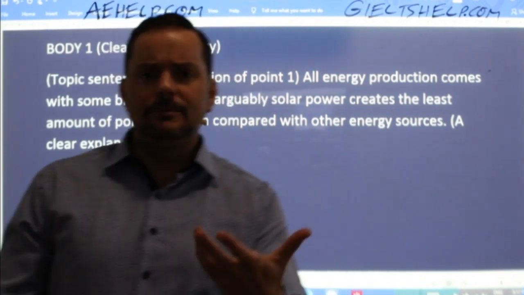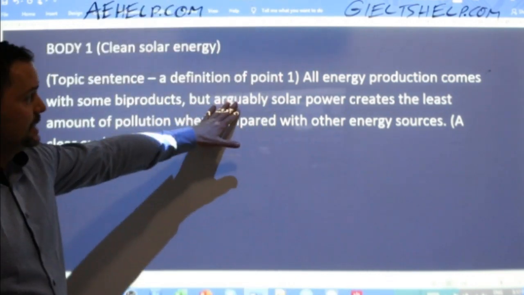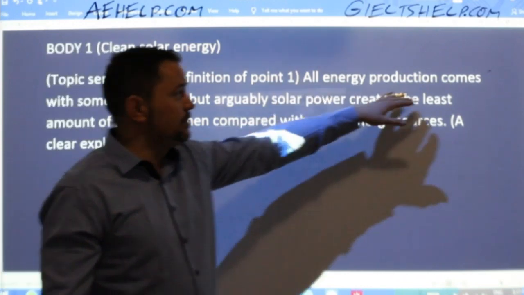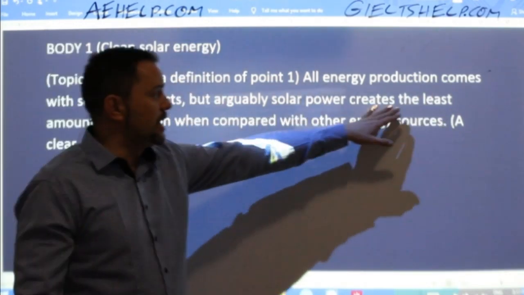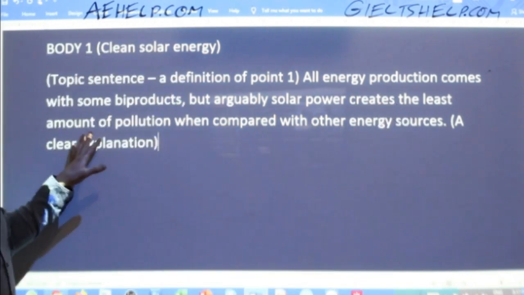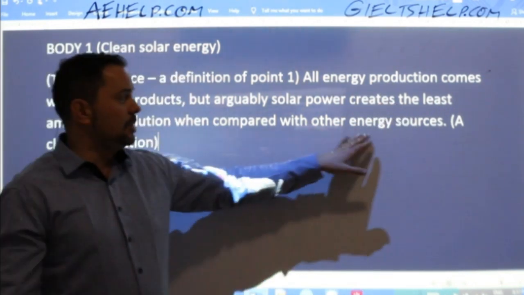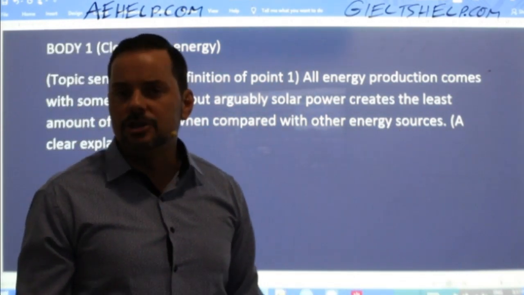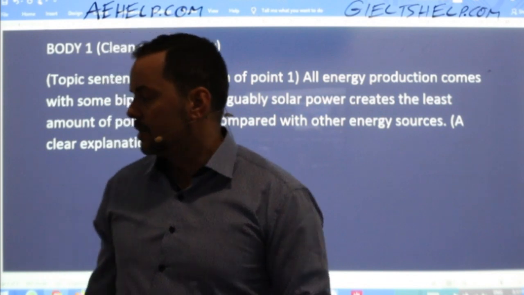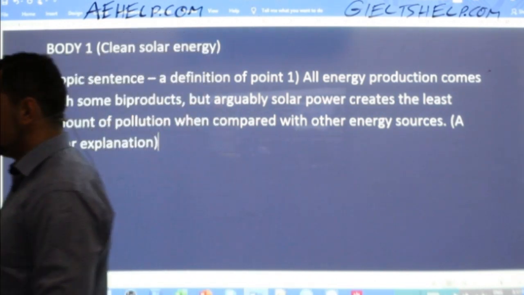If I'm your reader and I read your topic sentence, all energy production comes with some byproducts, but arguably solar power creates the least amount of pollution when compared with other energy sources. Here we're thinking, of course, of hydro or wind, for example, renewable energy sources.